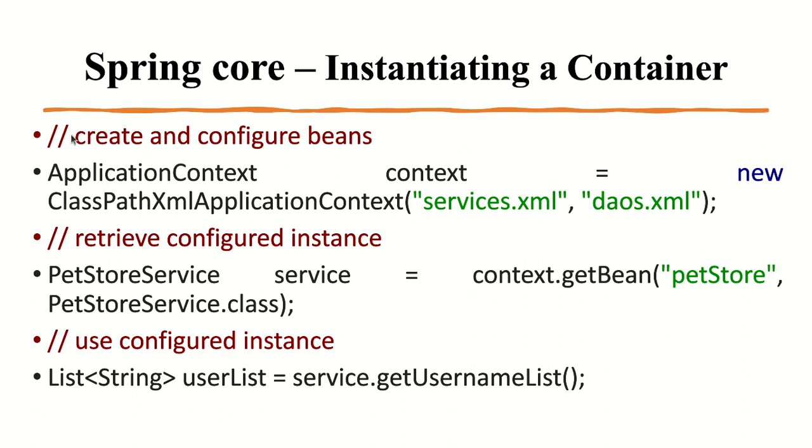What is an application context? ApplicationContext is an interface which is used to hold the context which is present. You have beans defined in various XMLs, so we are talking about XML based configuration.